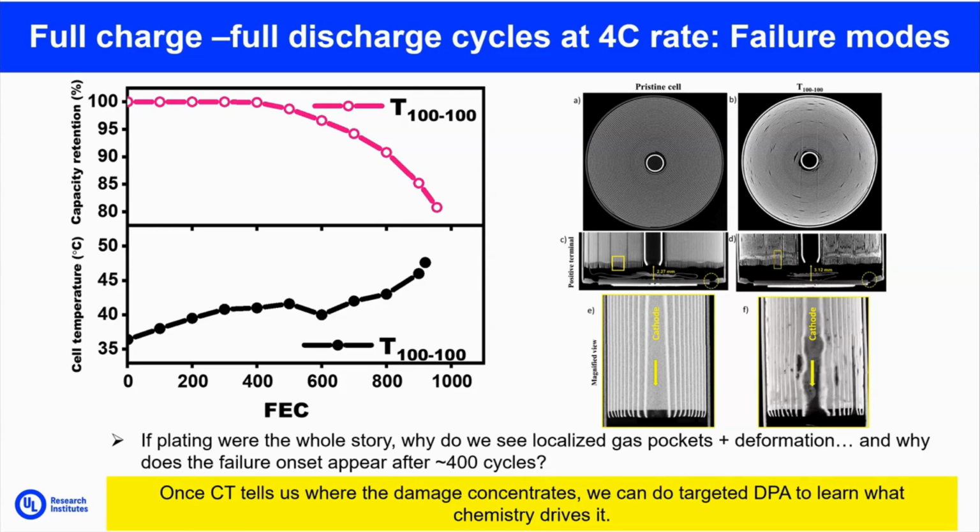So here in this test condition, after end of life, we can see a lot of gas pocket formation within the jelly roll, and at the interface of the cathode and the separator, we identified some degradation.